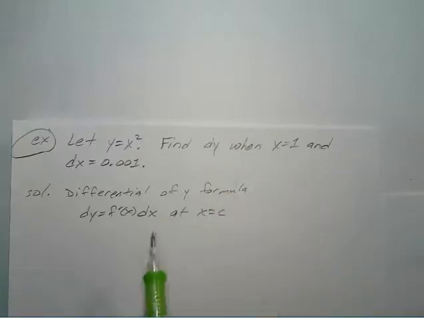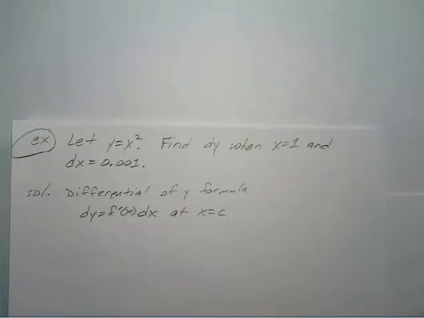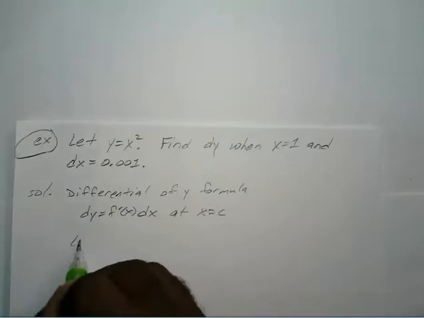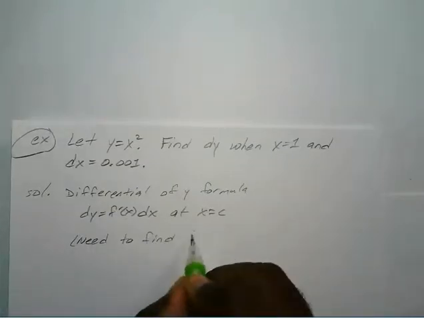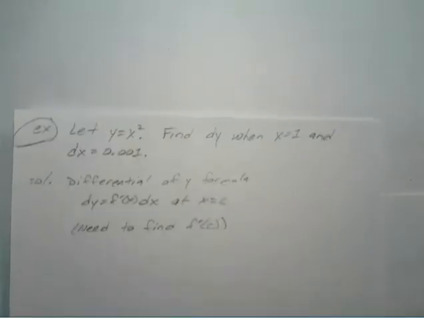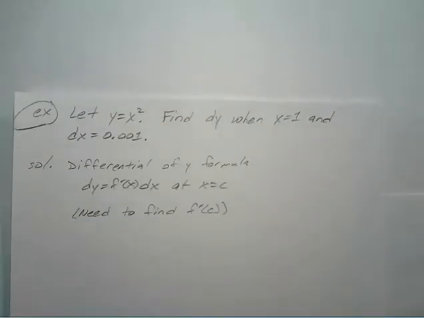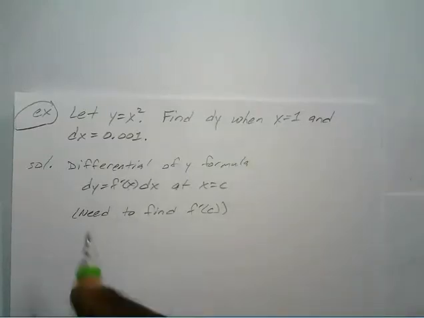The only thing missing is we have to find our f prime of c, because at x equals 1, that's x equals c, so all of those will become c.